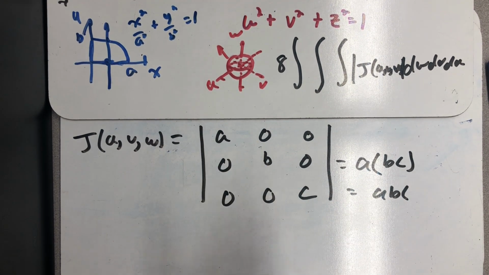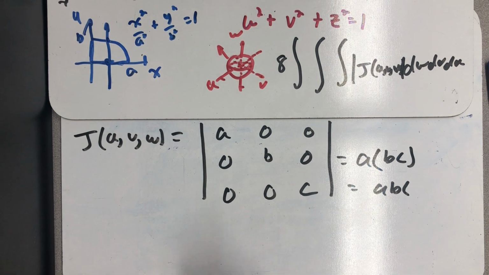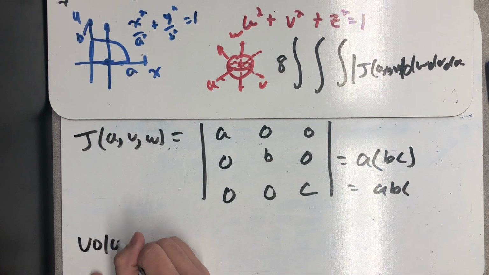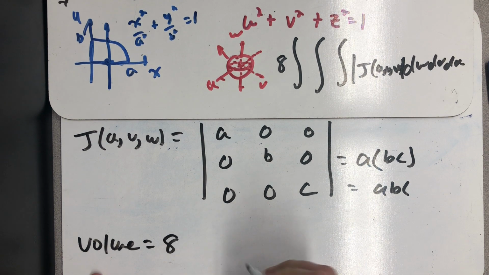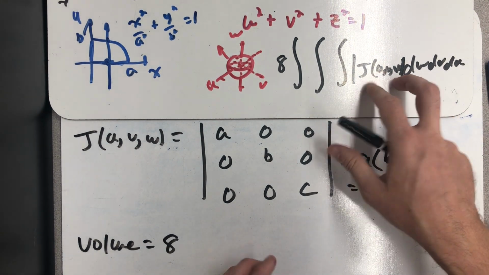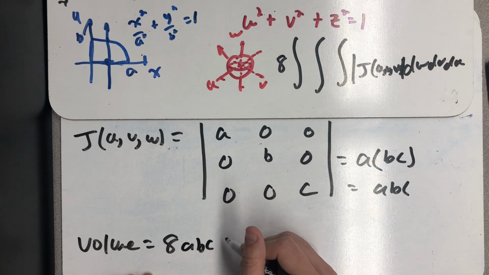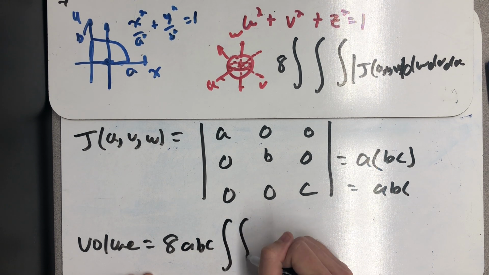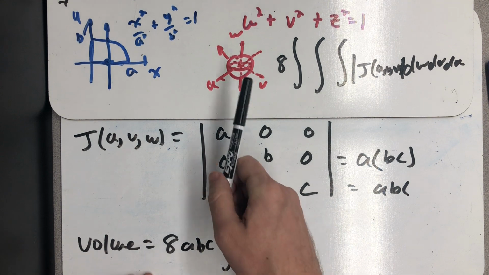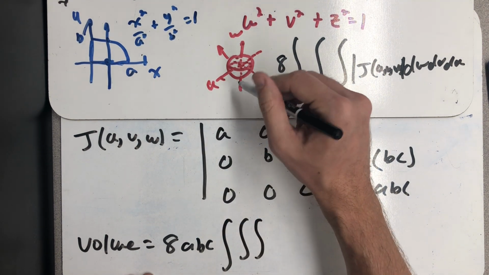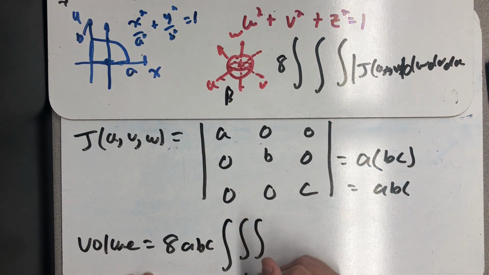So abc is my Jacobian, and so this triple integral for volume I'm dealing with is volume equals 8. And I should write down abc there, but those are constants, so I can imagine pulling them out front. So 8 times abc times the triple integral over this, which I'm just going to call B for a moment, right?